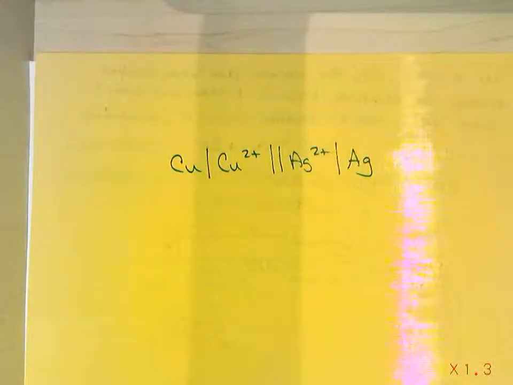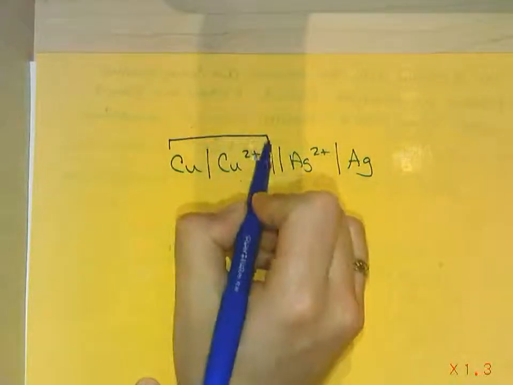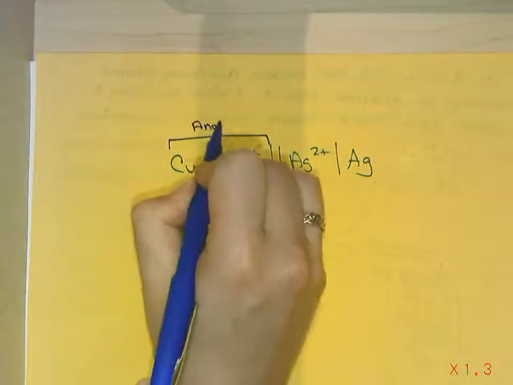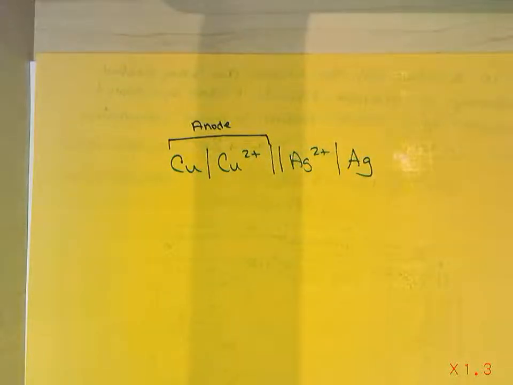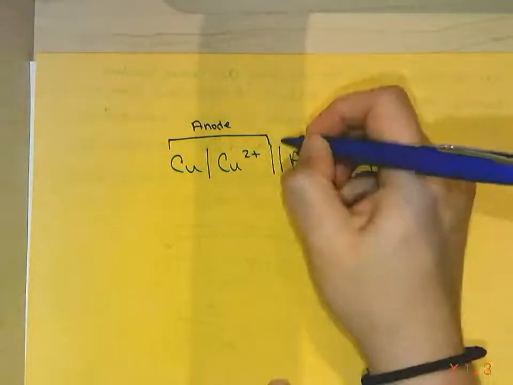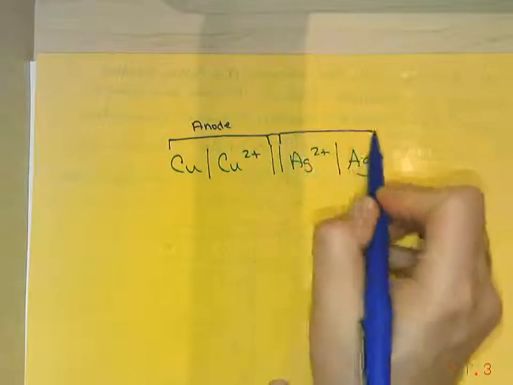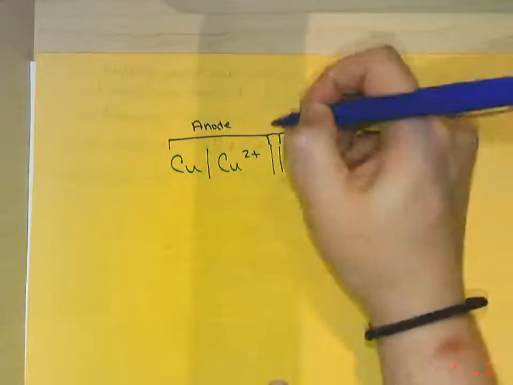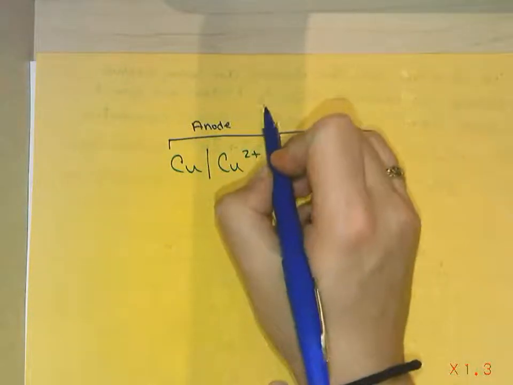All right, so what this is telling me. So that's the stuff going on at the anode. This little double line tells me that's the bridge.